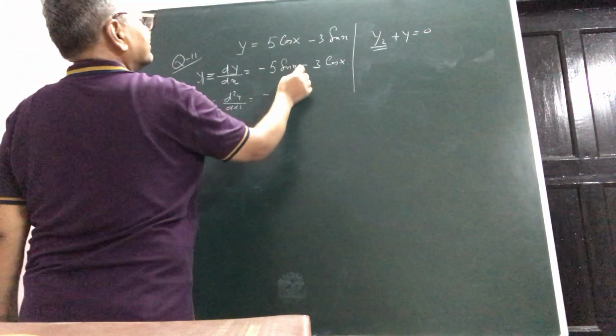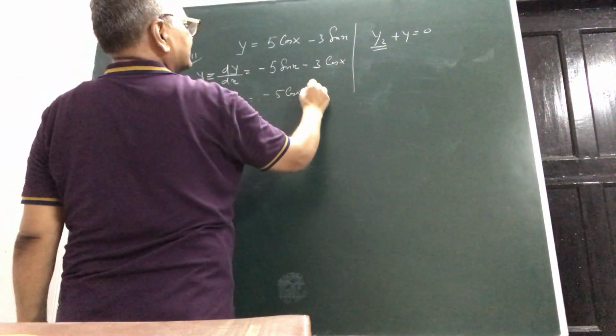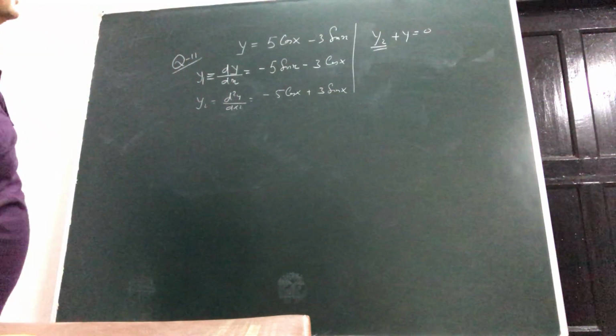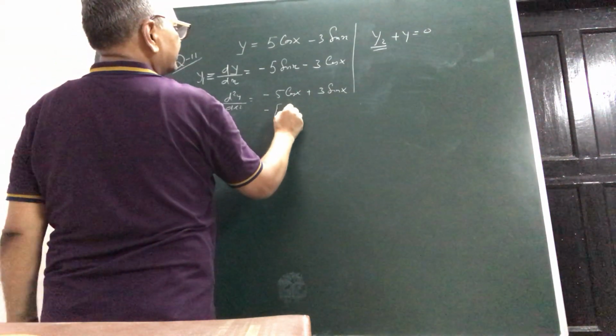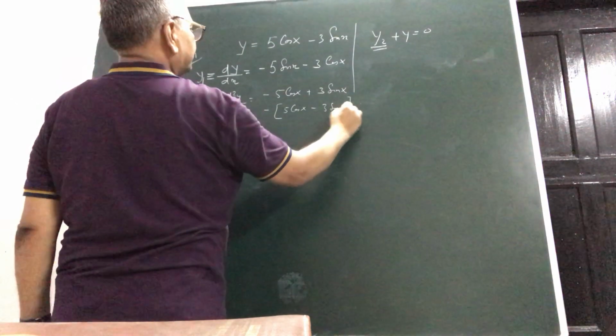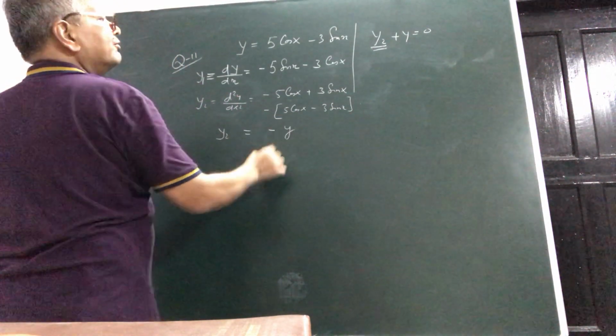Minus 5 cos x, and minus 3 times derivative of cos x gives plus 3 sin x. So if you take common here, it will be minus of 5 cos x minus 3 sin x, and this is precisely minus y. So y2 is equal to minus y.